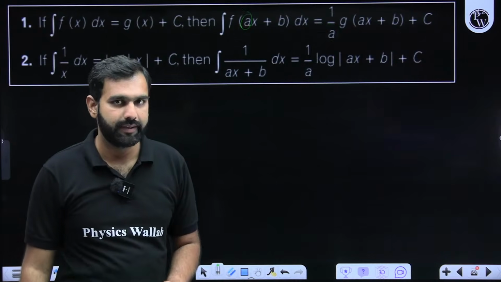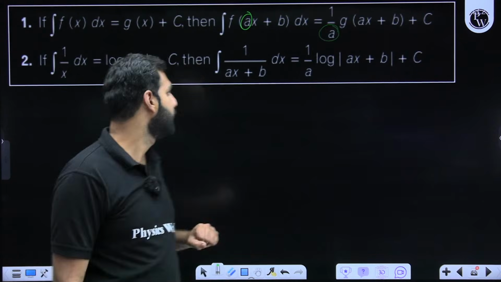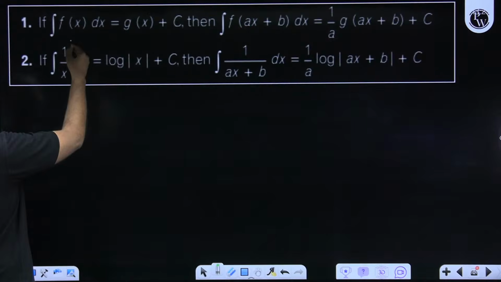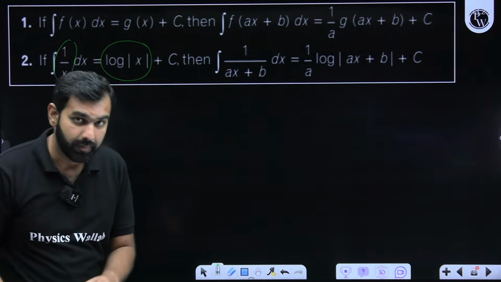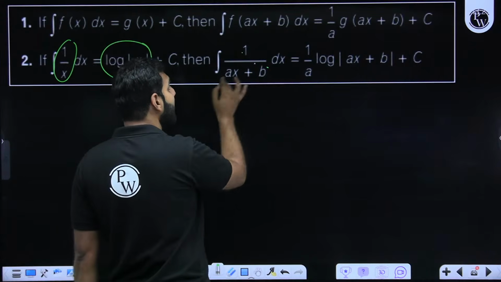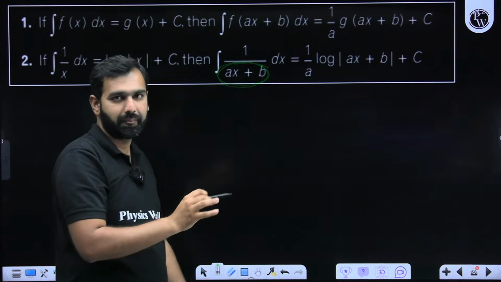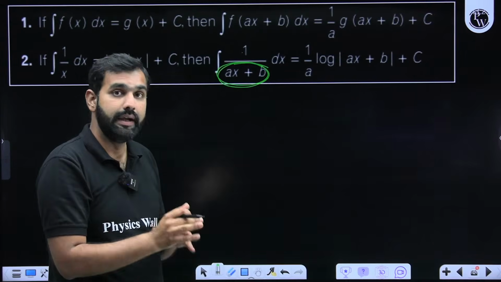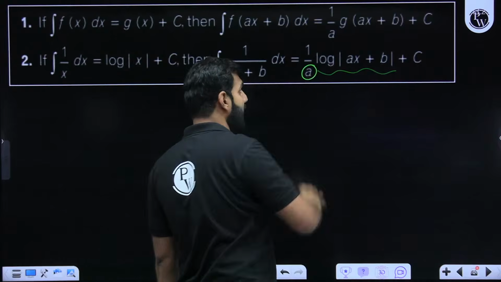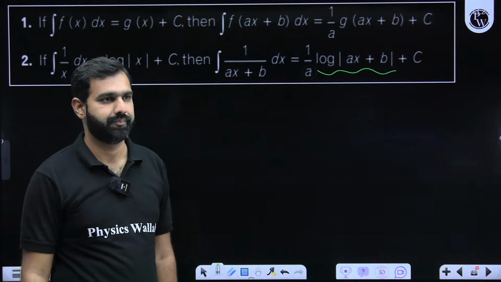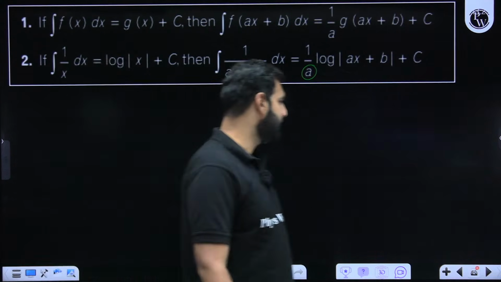Will you remember that? I hope you didn't forget that. Some more. We know integration of 1 by x is ln mod x. So remember, for integration of 1 by ax plus b, the integration will remain ln mod of ax plus b, but the coefficient of x, which is a, will divide it. Standard and decent results they are.